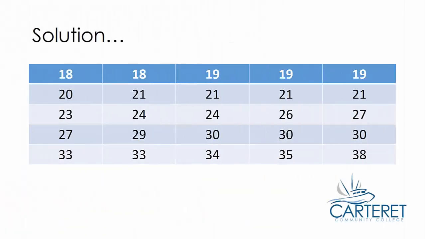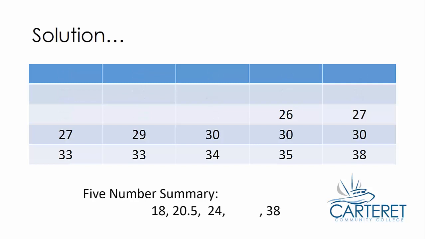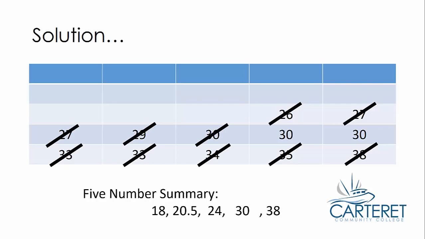We're going to repeat the process to find the third quartile, again taking into consideration only the upper half of the data values. Remember those 2 values: 20.5 is the first quartile, 30 indicates the third quartile.